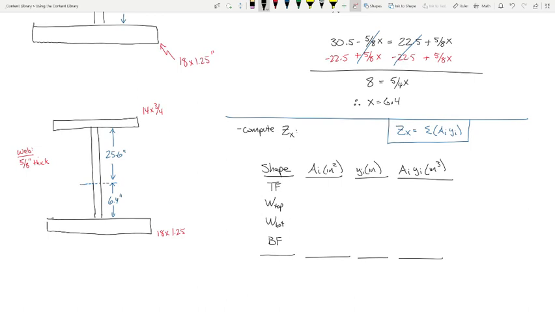So let's start off with the areas, okay? So what's the area of the top flange? That's 14 times 3/4. We already did that. I think that was 10.5. Okay. What's the area of this upper segment right here? What's 25.6 times 5/8? 16.